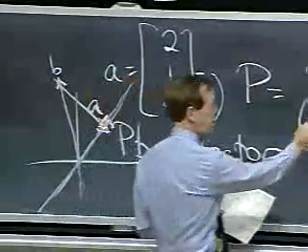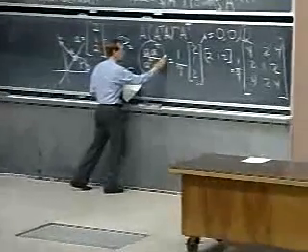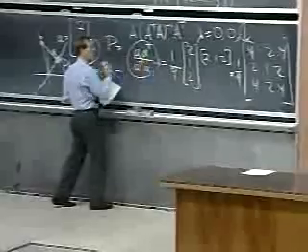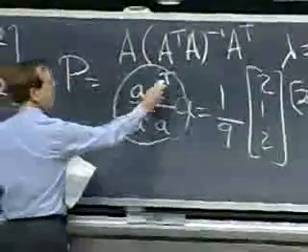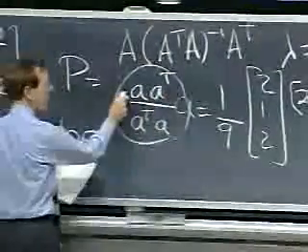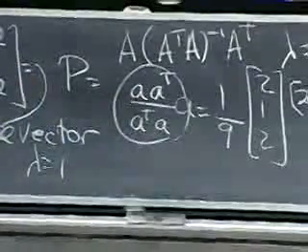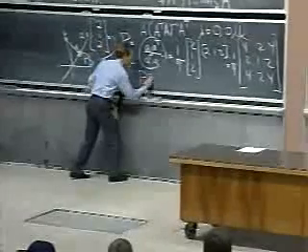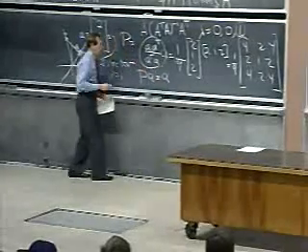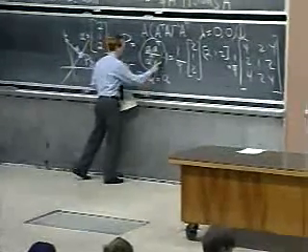Everybody sees it. If I apply that matrix to A, then I have A transpose A canceling A transpose A, and I get A again. So sure enough, PA equals A, and the eigenvalue is 1. Okay, good.